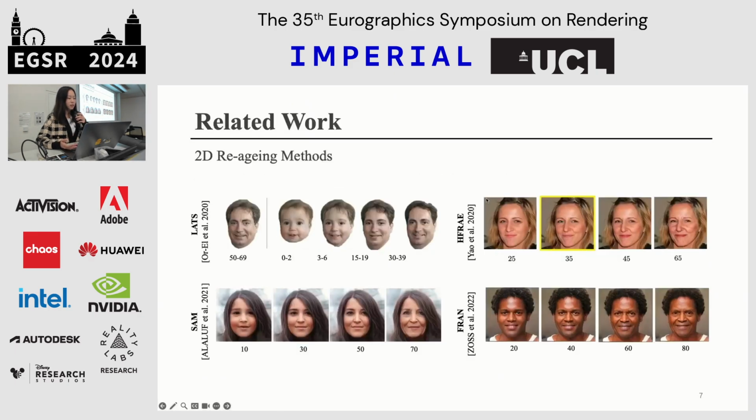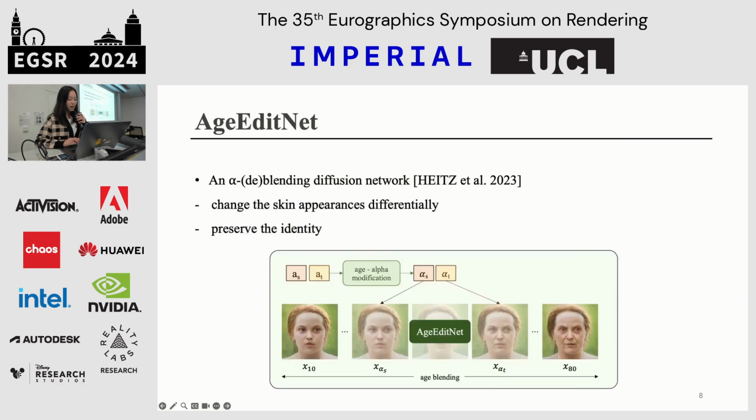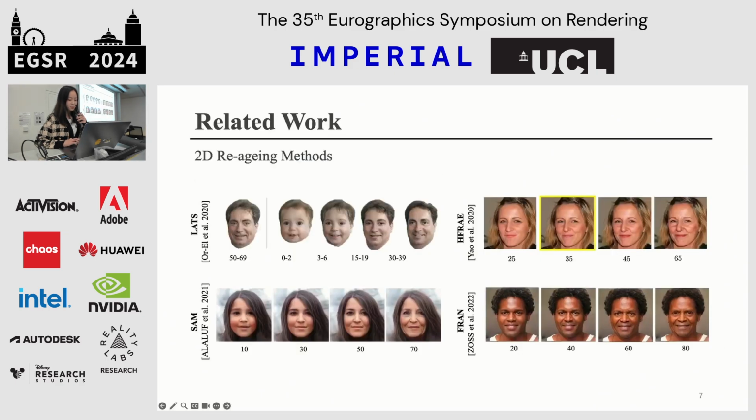Here are some related works in this field. These 4 methods can produce realistic results, but they have some limitations. For example, LUTs split the ages into different age groups, so it's hard to give them a target age. HRFAE has a narrow age range, and they only re-age subjects from 20 years old to 65 years old.